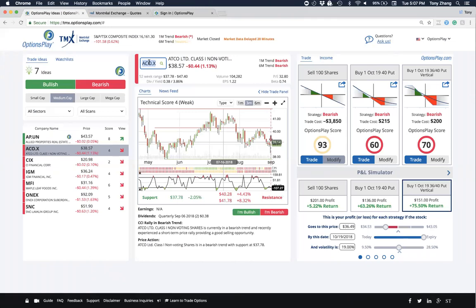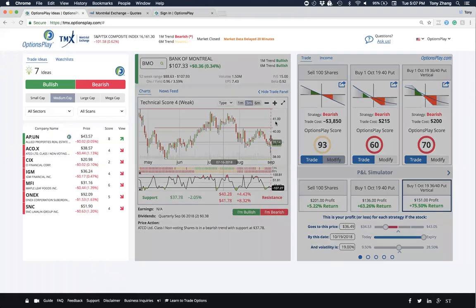The way to view a roll is to first figure out what you want to own after the roll. So for example, if you already own a call on BMO and you want to roll it, the question isn't necessarily what you have. The question is, what would you like to own after the roll?